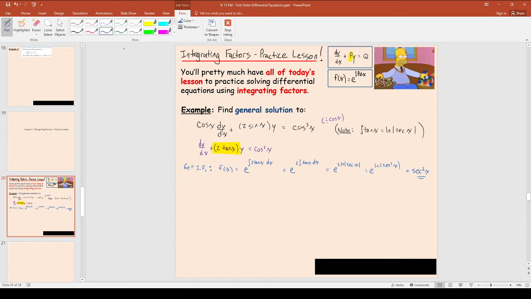Cool. What do we do next in the solve step, my buddies? Well, in the solve step, here's what you're going to do. You're going to start by multiplying both sides by the integrating factor. So here we go. We're going to get this.